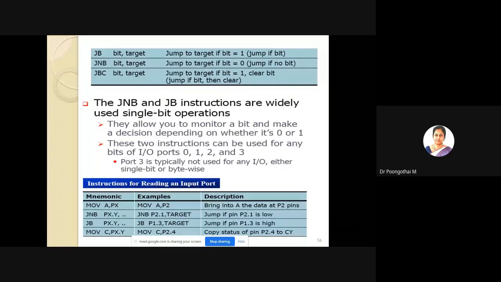These two instructions are widely used in single bit operations. The main purpose is that we can monitor the individual bits of a bit addressable register, and based on the condition, we can make the decision. That is, depending on whether it is 0 or 1, we can make a decision. These instructions can be used for any bits of IO ports 0, 1, 2, 3, that is port 0.0 to port 0.7.